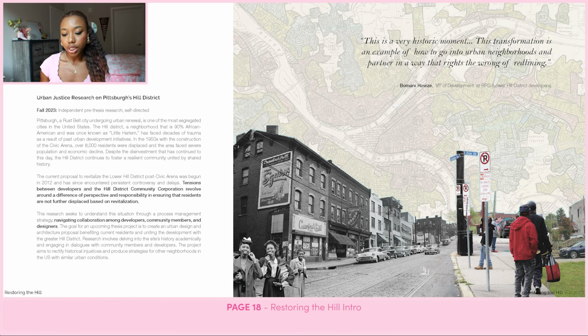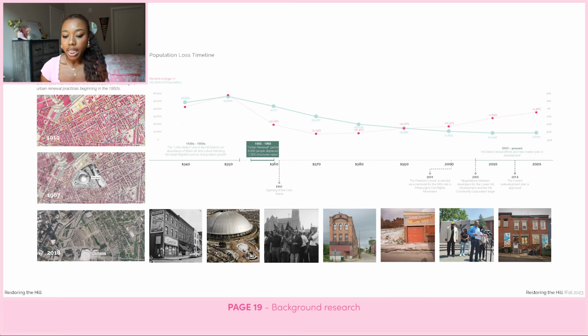So my research was to build context around what happened in Pittsburgh's Hill District and why I think it's important and why it matters to me. On the next page, I have a contextual timeline of the neighborhood's rise and fall. The chart on the top shows eras of the neighborhood overlaid with the population.